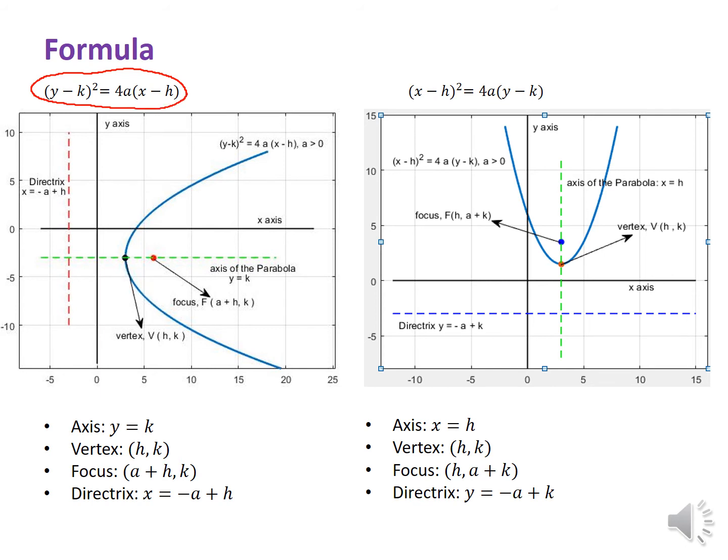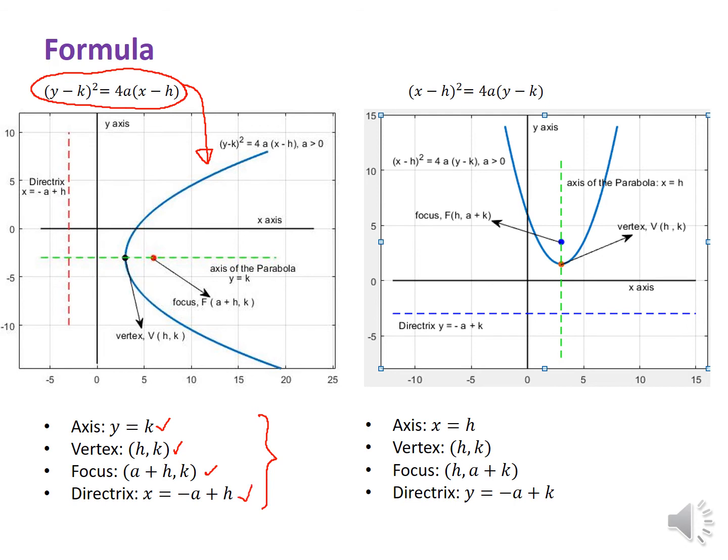For this type of equation, the shape of the parabola is like this. And for this type of equation, we have the formulas for axis, vertex, focus and directrix. So this is the formula for axis, this is for vertex, this is for focus and this is for directrix.